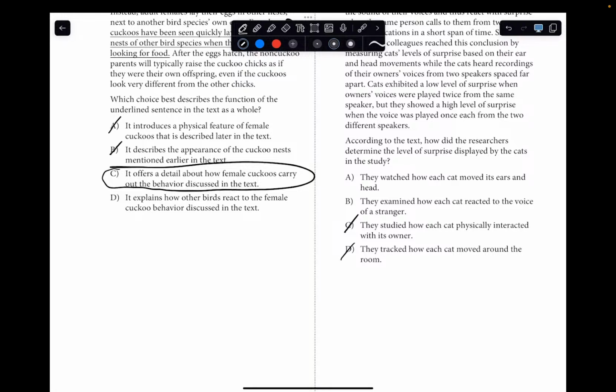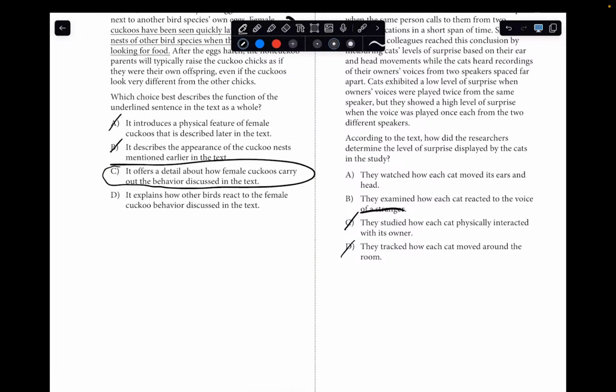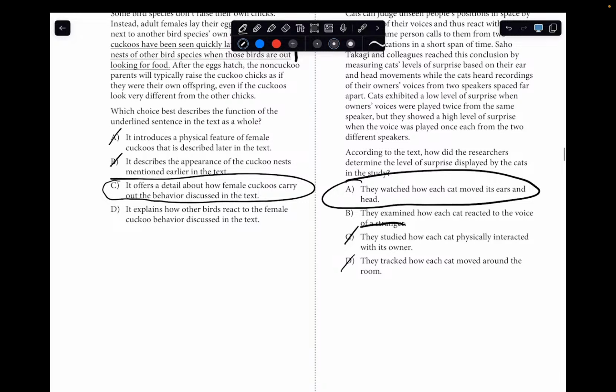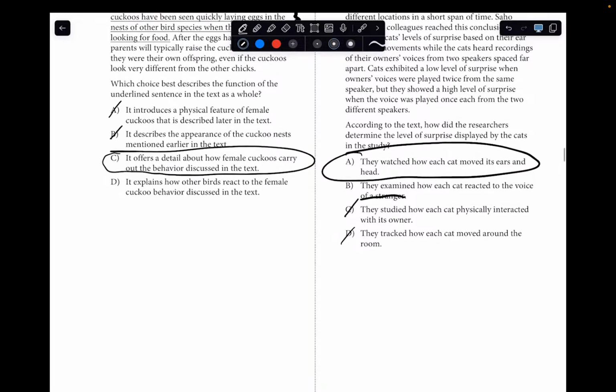B, they examined how each cat reacted to the voice of a stranger. There's nothing about a stranger, right? It was their owner's voice. So that just leaves us with A. The researchers determined the level of surprise based on the movements of the cat's head, based on the placement of the speakers and the owner's voice coming from two different locations, which kind of surprised the cat, right?